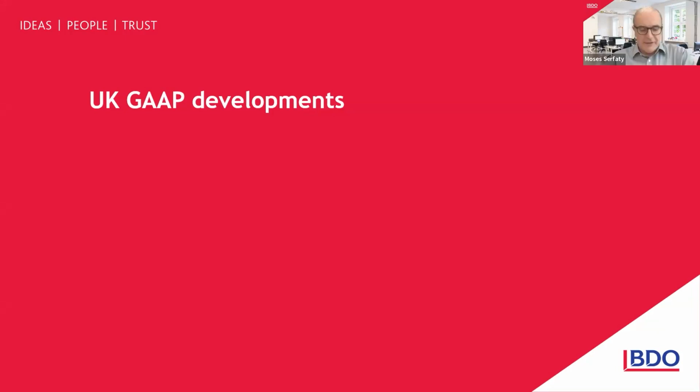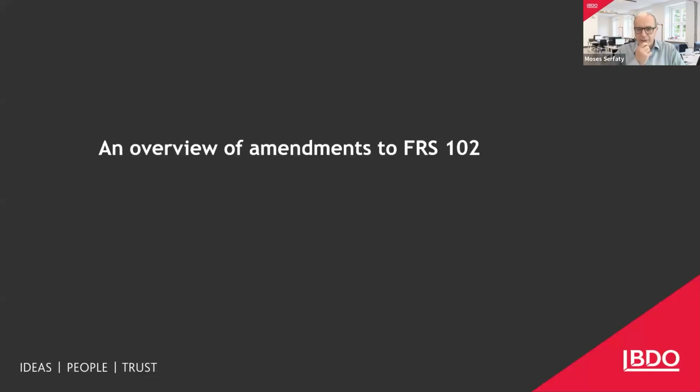Thanks, Raisa. As Raisa said, we're moving on to developments in UK GAAP, which after, I suppose, a period of relative calm, we're now facing significant changes to IFRS 102, which is the standard applied by most UK companies.